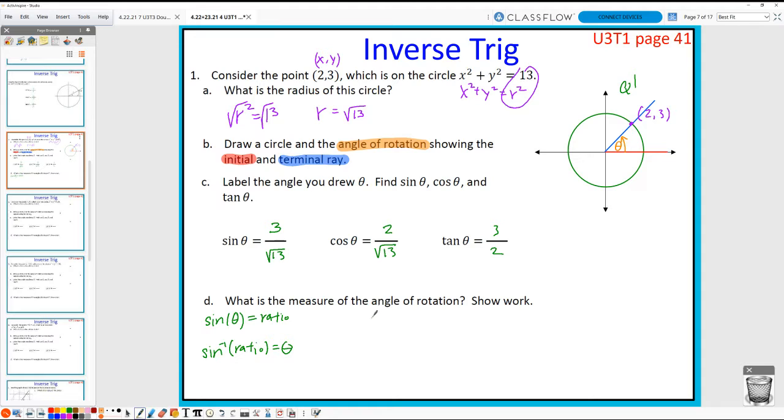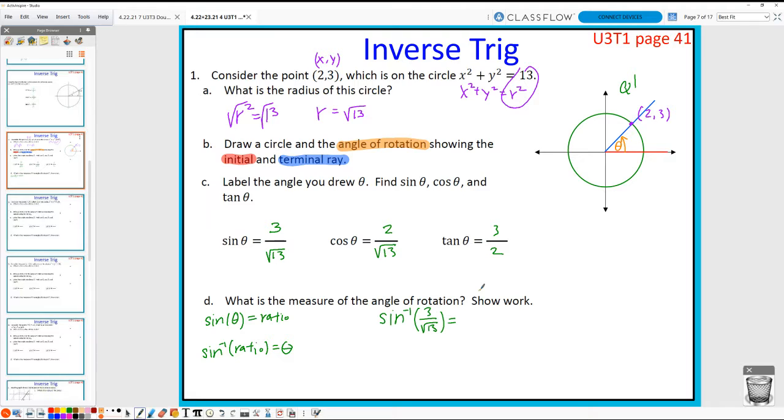So I'll do all of them so you can see what I mean by that. Inverse sine of 3 over root 13. If you put this in your calculator, be careful. If you use a TI calculator or scientific calculator, it's going to have different modes, whether it be degree mode or radians.